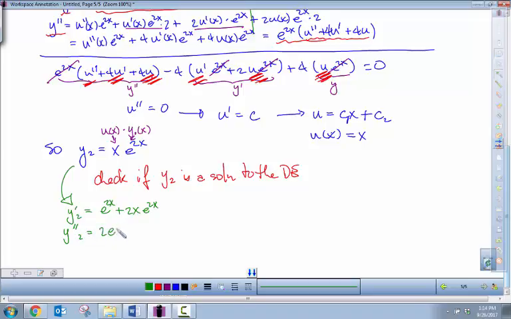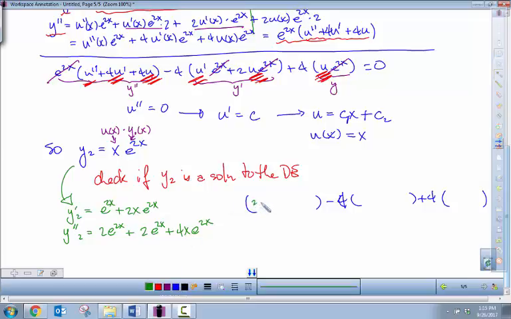So this is just 2e to the 2x, and then the product rule for this one. Derivative of the first times the second plus the first times the derivative of the second. So there's a 2 there, and then an extra 2 that comes down. So this is my second derivative. Now let's put that into y double prime minus 4y prime plus 4y, and let's see if that's going to equal 0.